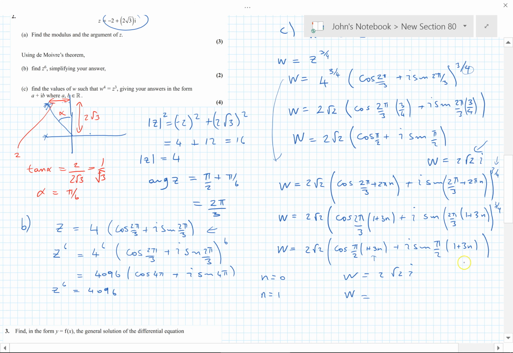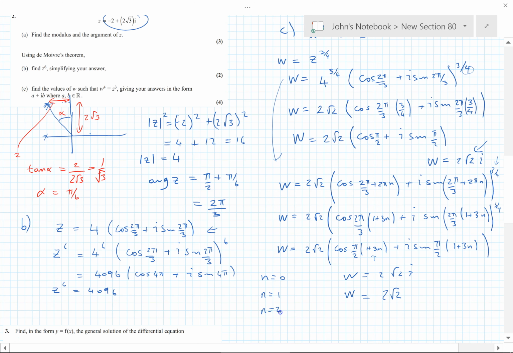Let's work it out. If we put n is 1 there, 4n, that will be cos 2 pi, which would be equal to 1, so that would be 2 the square root of 2, and this one I think would then be equal to 0, because we'd have 4 there, divide by 2, sine 2 pi, that's 0.